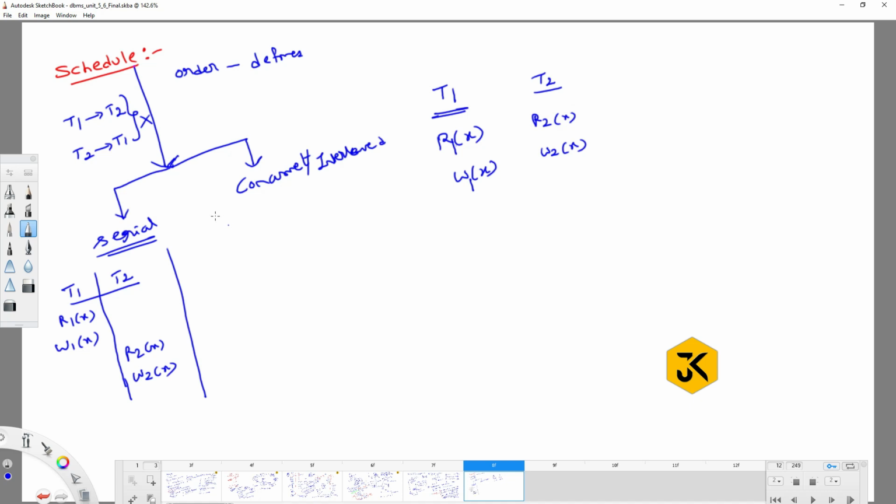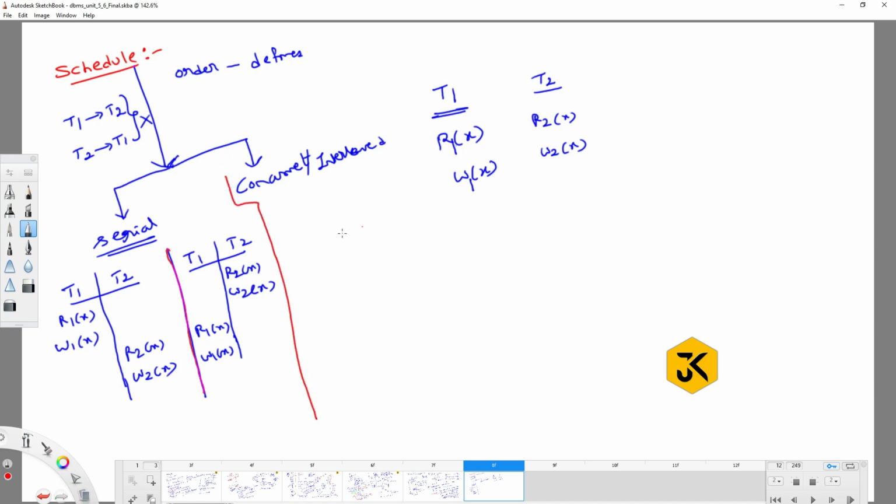Similarly, first T2 is executed: R2 of X, W2 of X, R1 of X, W1 of X. Is there any problem in this situation also? There is no problem because they are executing serially. Now, coming to the scenario of concurrent execution.